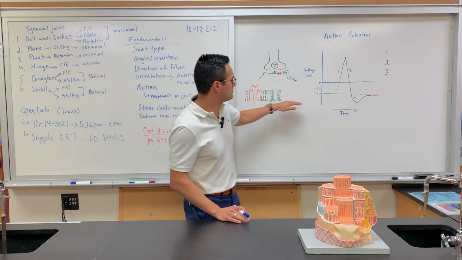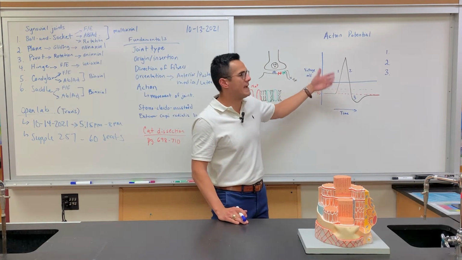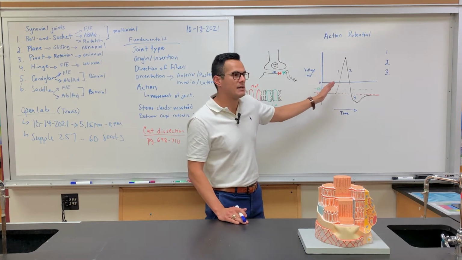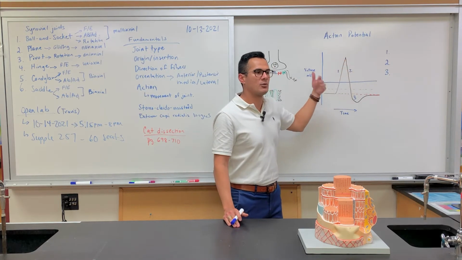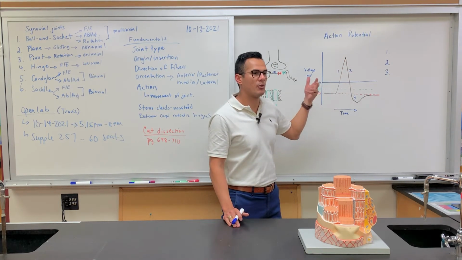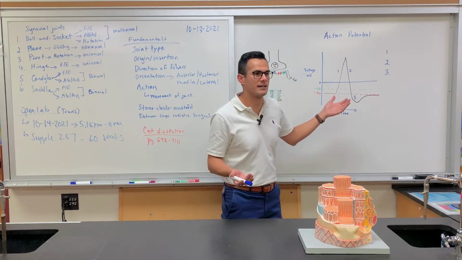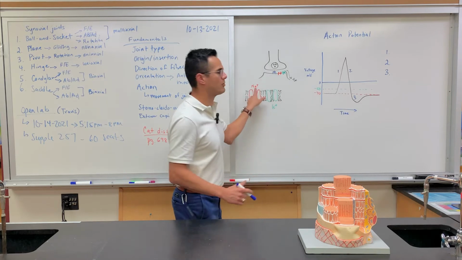And so in order for an action potential to happen, it becomes more positive, right? But in order for the cell to become more positive, we need a positive thing, okay? And so that positive thing is sodium.